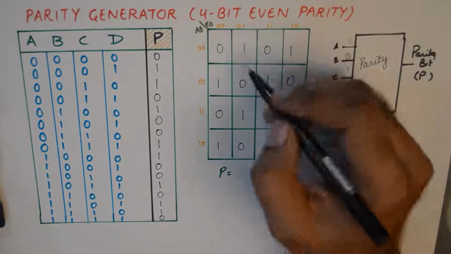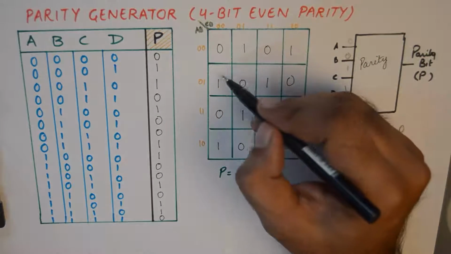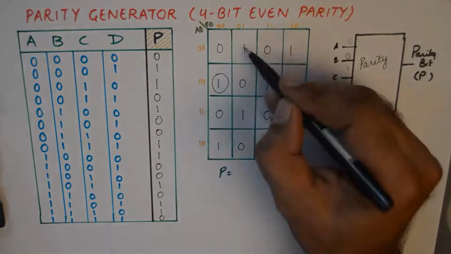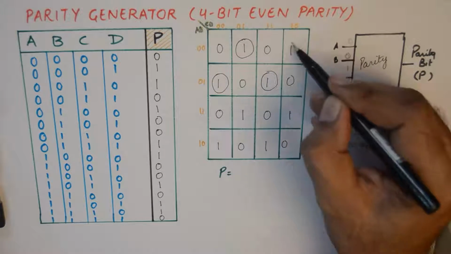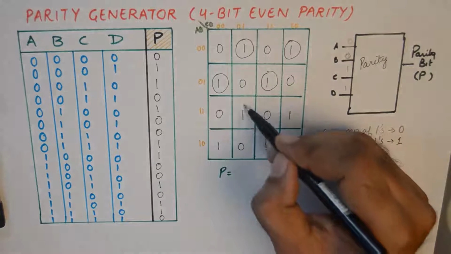Now we do not have any pairs or quads happening here in the K-map.